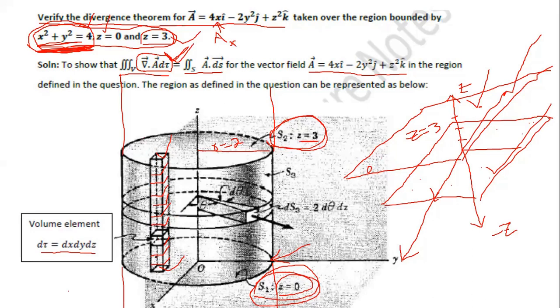By integrating from z equal to 0 to z equal to 3, we are summing up the divergence of A from the bottom to the top, along this line. That is, we are forming this kind of rod, the one I showed in the figure. So this will simply sum up the divergence of A along the z-axis for every volume element, as you can see in the picture here.